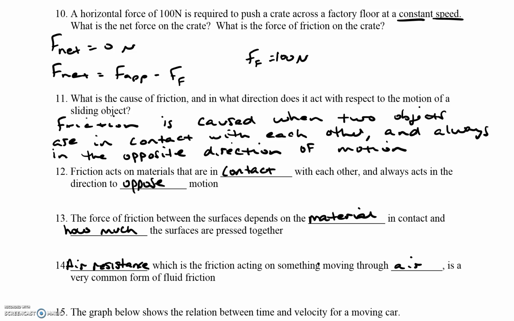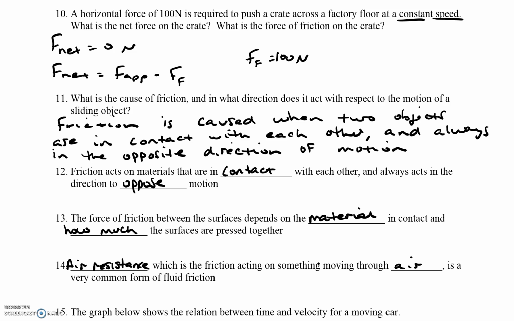Okay, so for that, our net force will be 0, our friction force will be 100, and if we take the 100 newtons for applied force and subtract the 100 newtons for the friction force, that's where our net force will be 0, which means that our acceleration will be 0, which means the constant speed of our object.